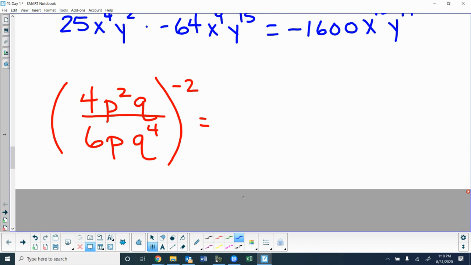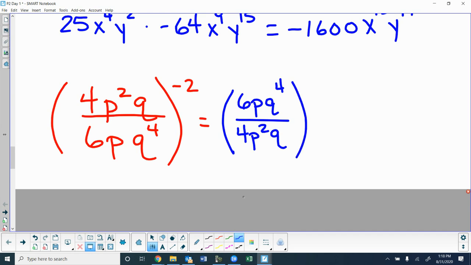What do you see? What should make a little bulb go off in your head? The negative exponent. So what should we do first? Flip it, yeah. And what do we do with the negative 2 then?